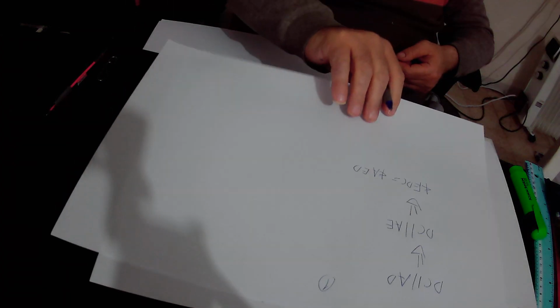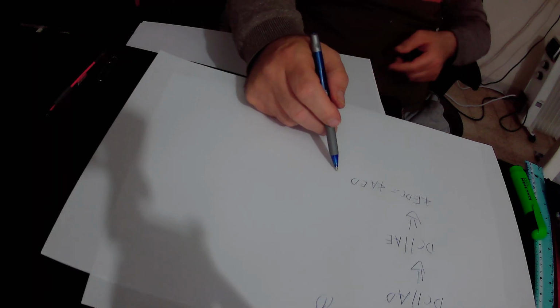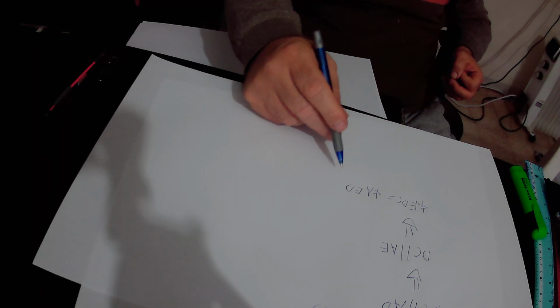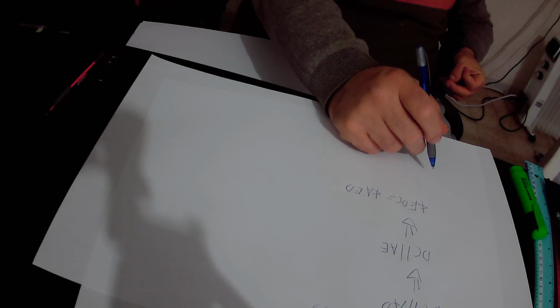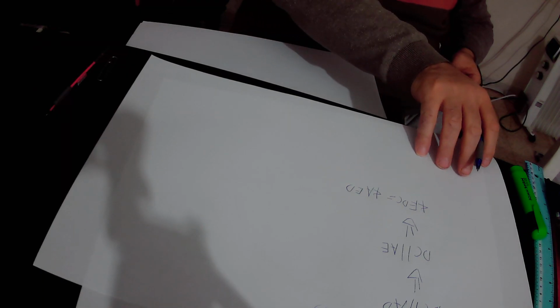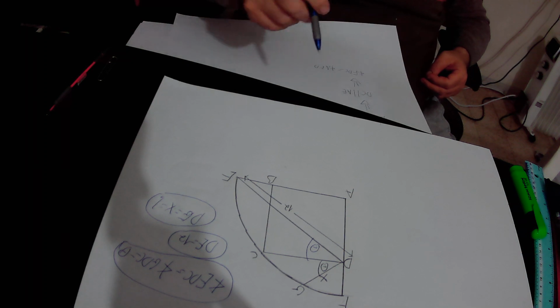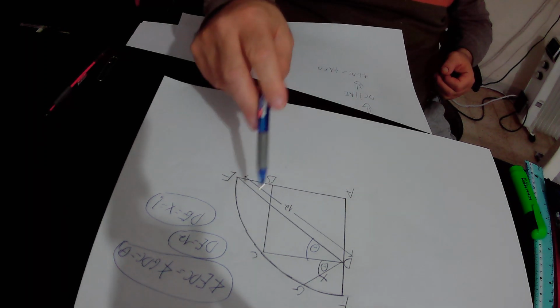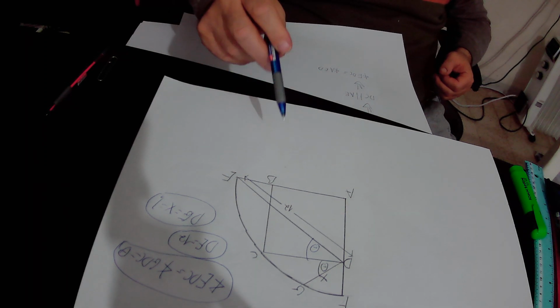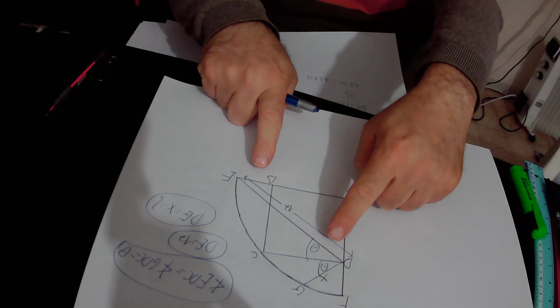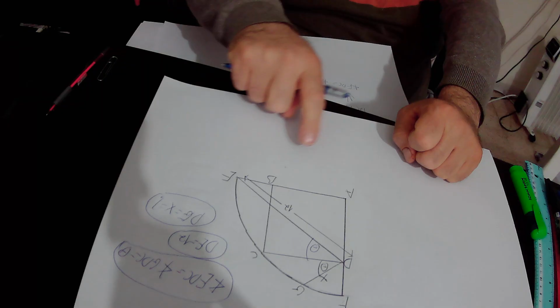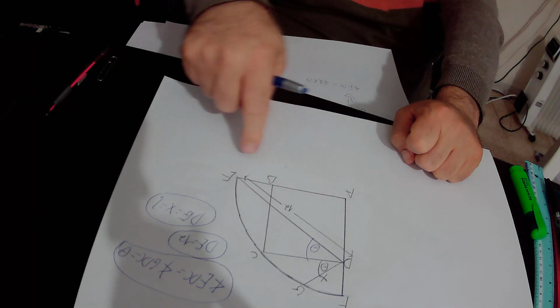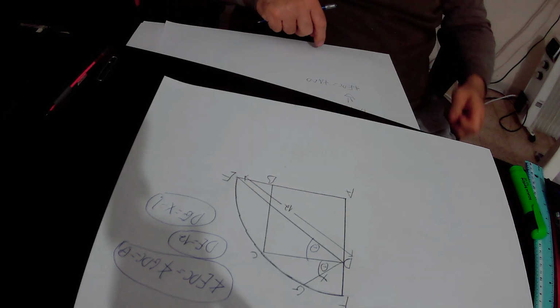Angle EDC must be equal to angle AED, according to the rule that alternating angles between parallel lines are equal to each other. DC is parallel to AE, and those two angles are alternating angles between the parallel lines, therefore they must be equal.